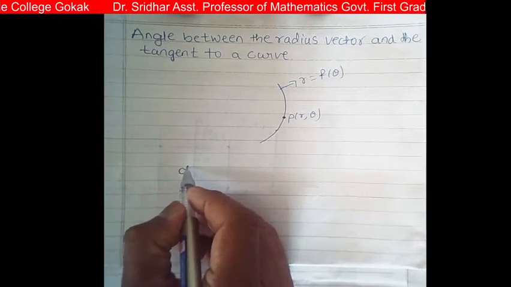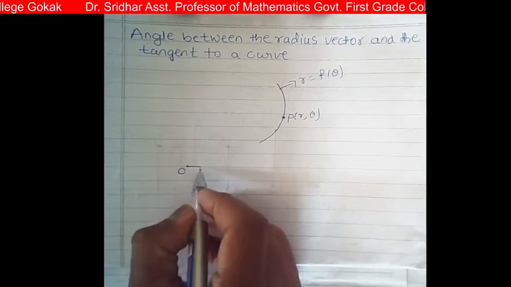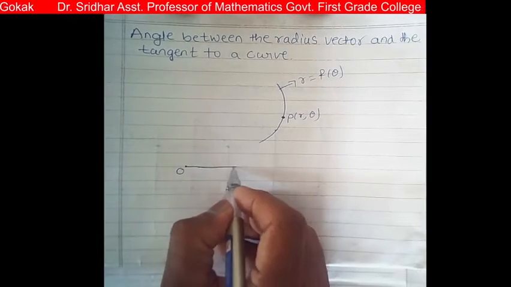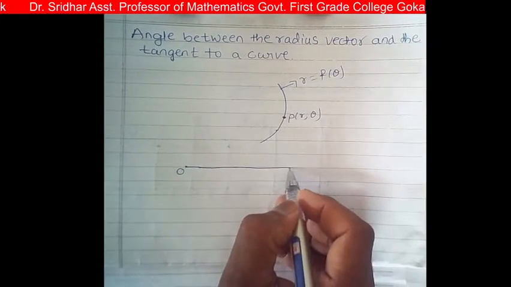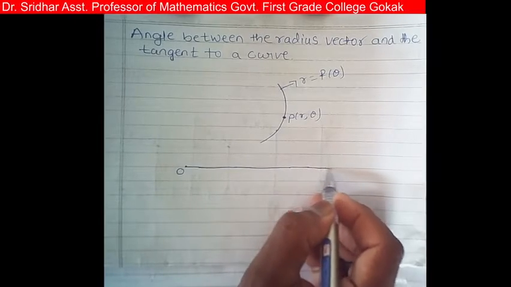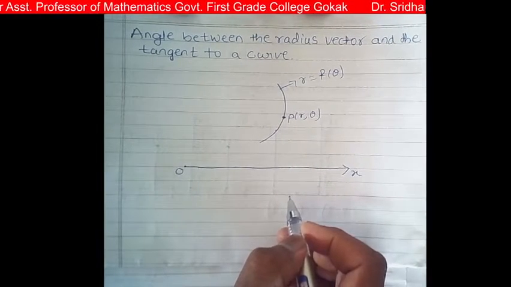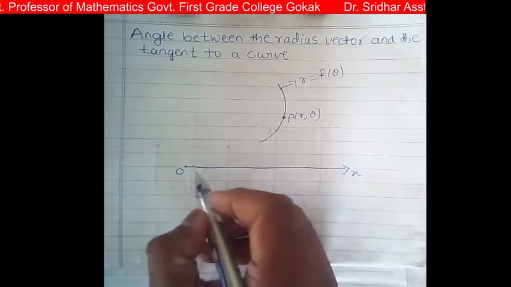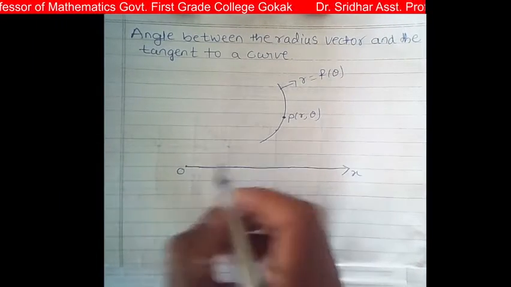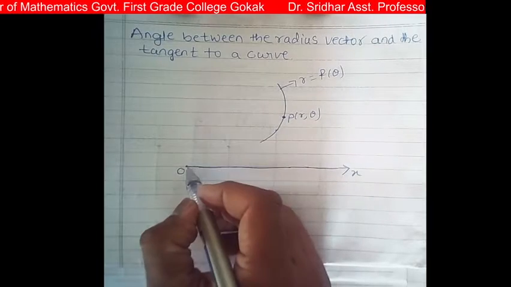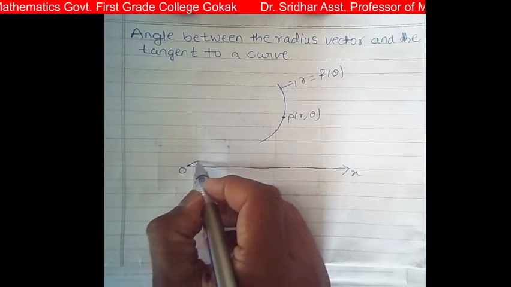So this is O and this is the x-axis. Now join O and P.